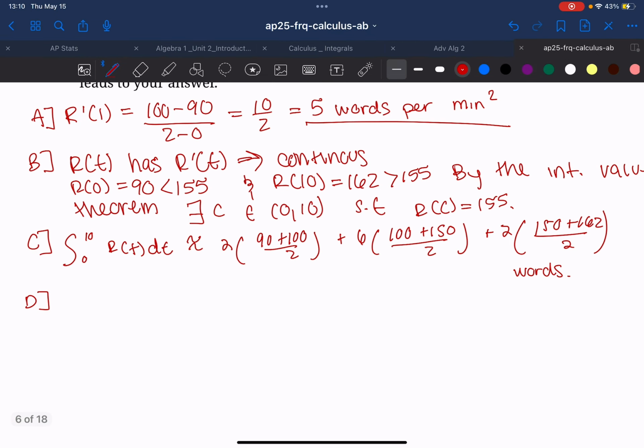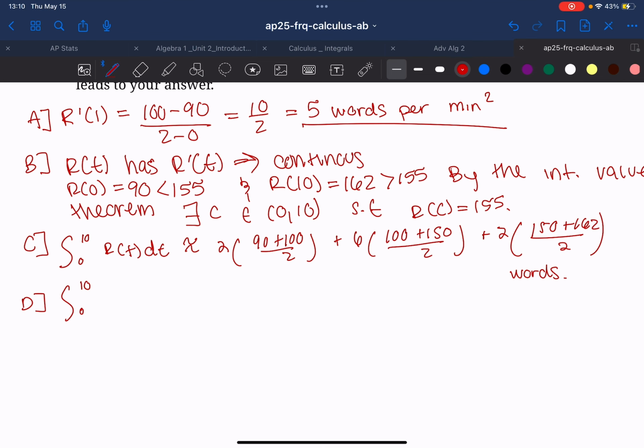So for part D, I'm going to do the integral from 0 to 10 of the w of t function, which is negative 3 over 10 t squared plus 8t plus 100 dt. If I integrate this, I get negative 3 over 10 times t cubed over 3, plus 8t squared over 2, plus 100t, evaluated from 0 to 10.